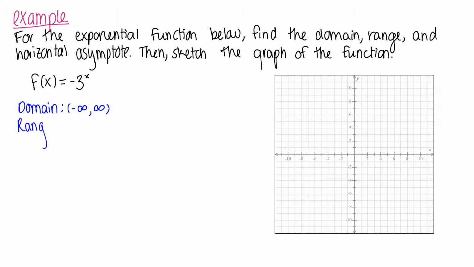For the range, it's honestly best to just draw your graph and then come back to it. I know we just did one over here, but I'm going to draw my graph before writing my range in there. For the horizontal asymptote, as long as you haven't added a number on the outside here, or subtracted, so as long as there's not a vertical shift, your horizontal asymptote is going to be at y equals 0.